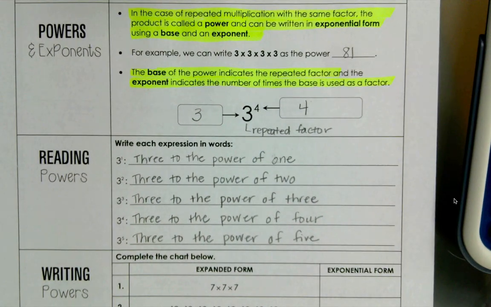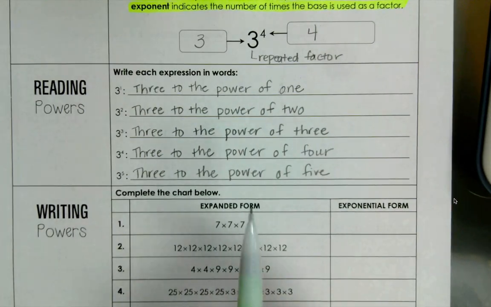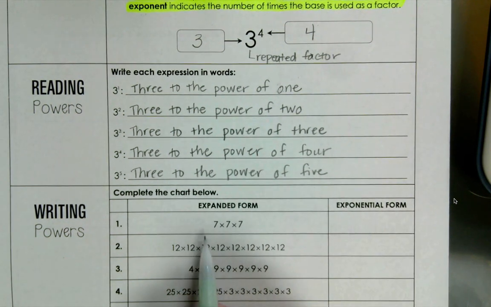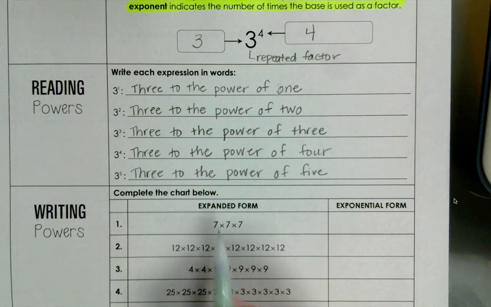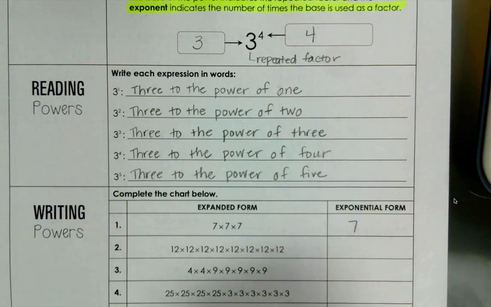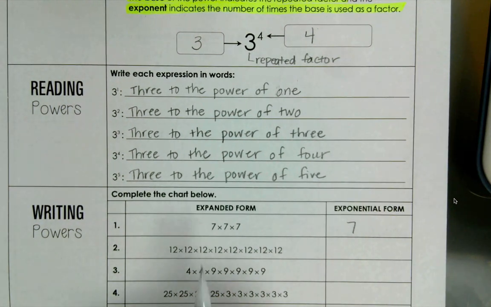So now we're going to write our powers, okay? So expanded form is repeated multiplication, okay? Exponential form, I'm going to take my factor 7, okay? That becomes your base. And then for the exponent, how many times am I multiplying it by itself?